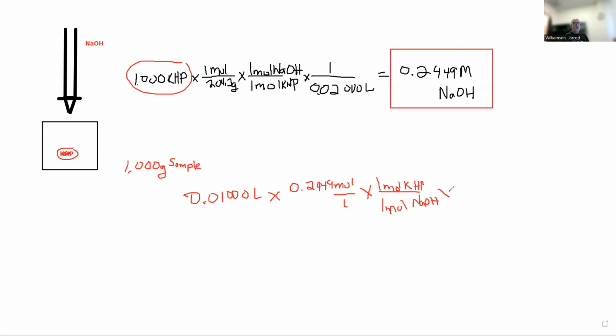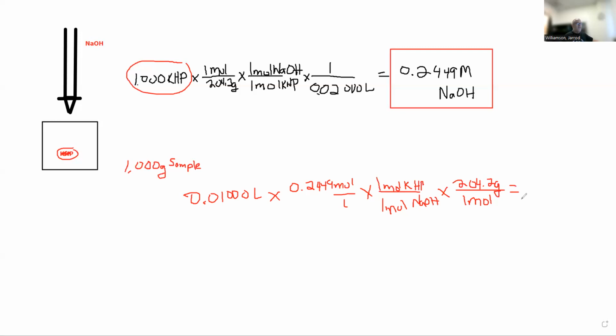And then I want to know how many grams of KHP that is. Well, 1 mole of KHP is 204.2 grams KHP.